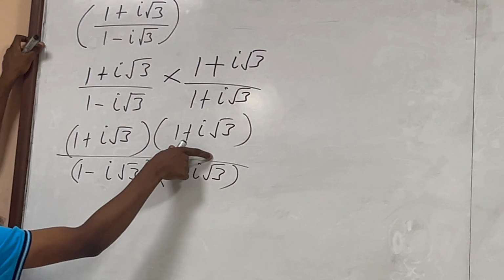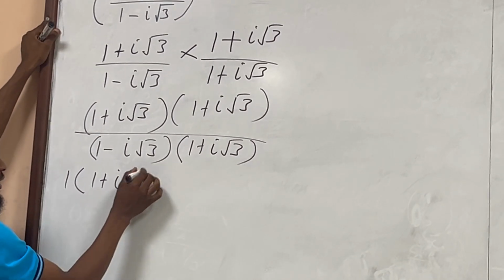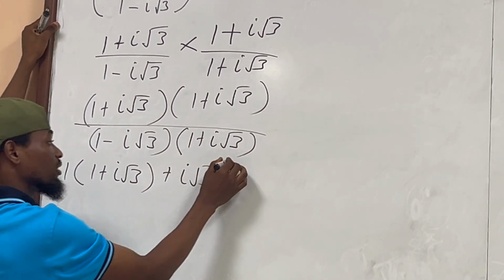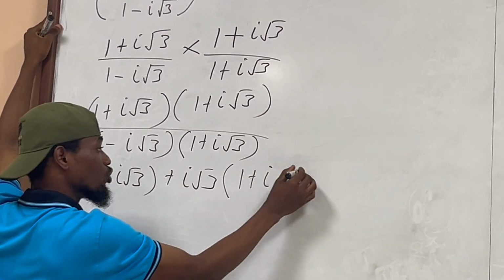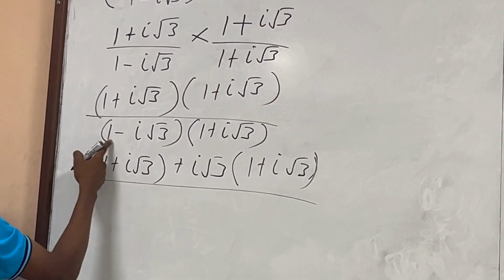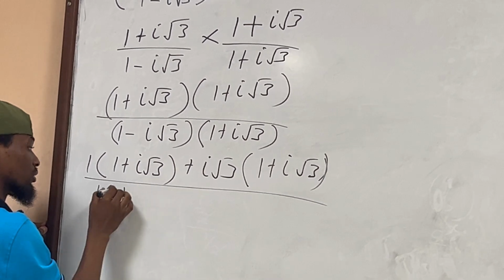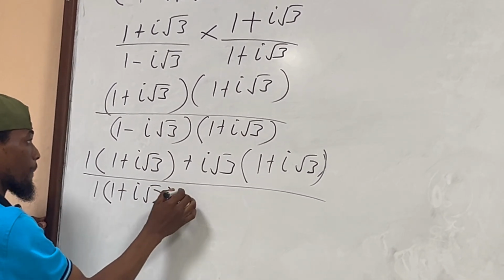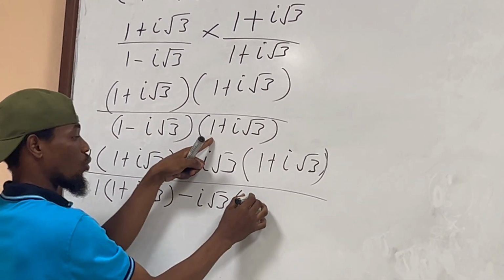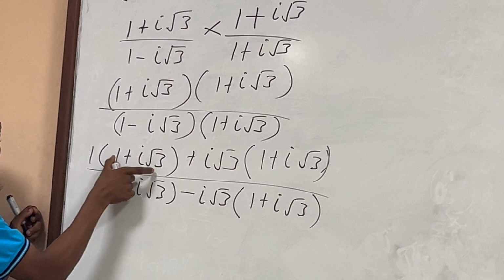So 1 multiplies every term here: 1 multiplying (1 + i√3), then i√3 multiplies the other expression, (1 + i√3). Then all over, I have 1 multiplying this expression, 1 + i√3, then −i√3 multiplying (1 + i√3).